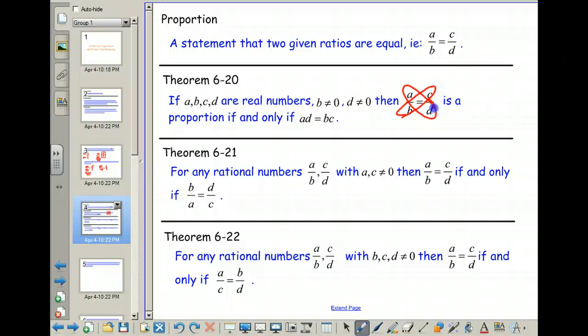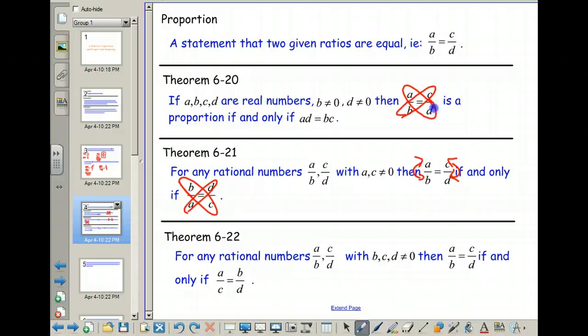We flipped them both upside down, right? So if I flip this one upside down and this one upside down, the proportion has to still hold. Make sense? That should seem realistic because that means that A times D equals B times C, and then I'm back to this exact same expression I had before.